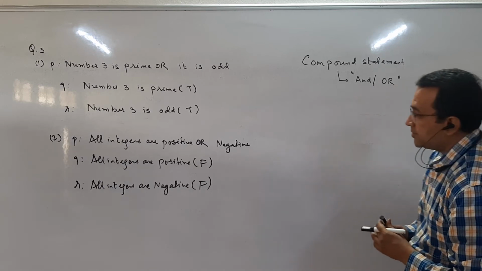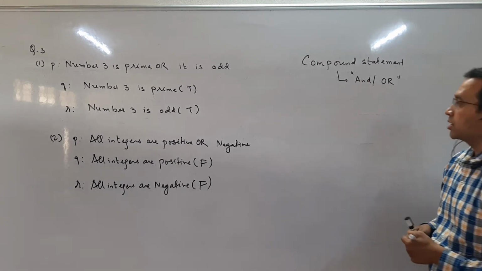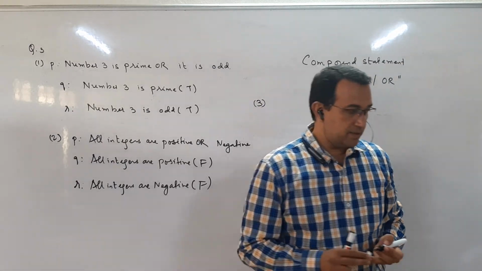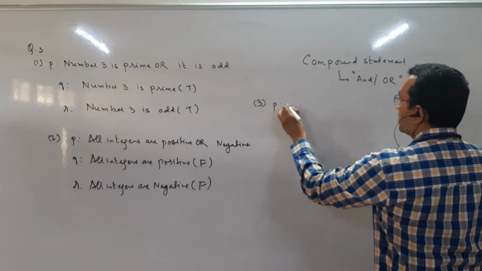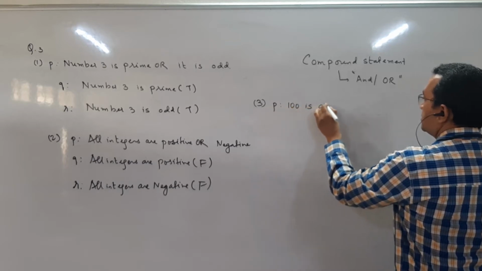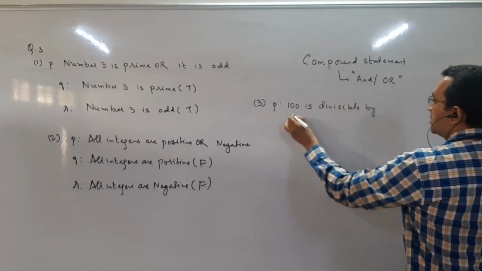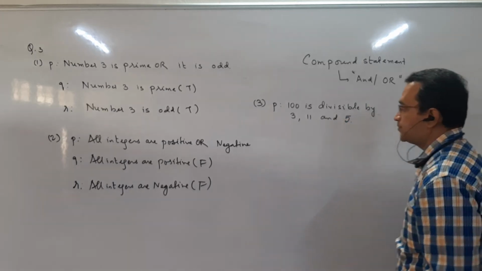Now students, a compound statement is always characterized by "and" or "or". The third statement I am not writing, but I am discussing orally. What is given? 100 is divisible by 3, 11 and 5. Here the statement is written like this: P, 100 is divisible by 3, 11 and 5.